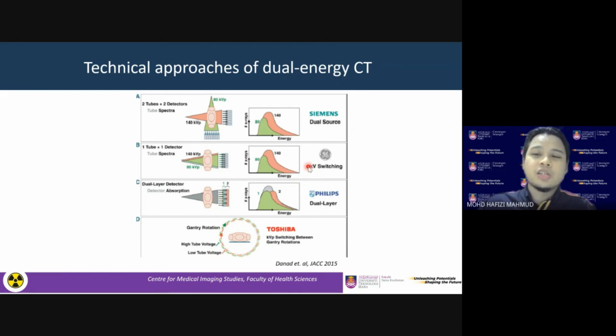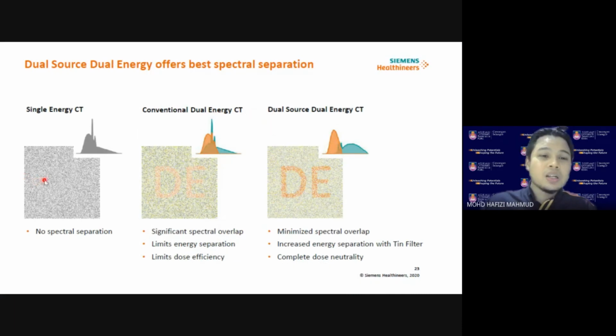So I'll be focusing on Siemens because I am a bit familiar with Siemens, using the two source dual energy CT. If you look here, single energy, which is routinely used clinically, has no spectral separation because it only uses one energy, for example 120 kVp for most CT procedures. The conventional dual energy CT refers to the first generation dual energy CT.